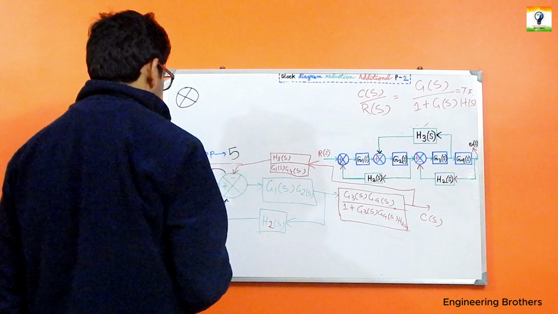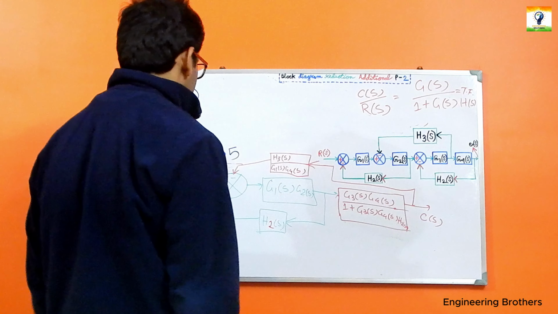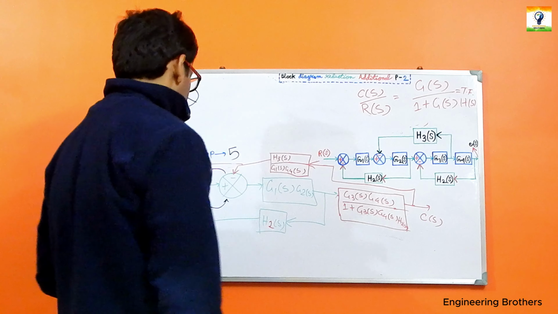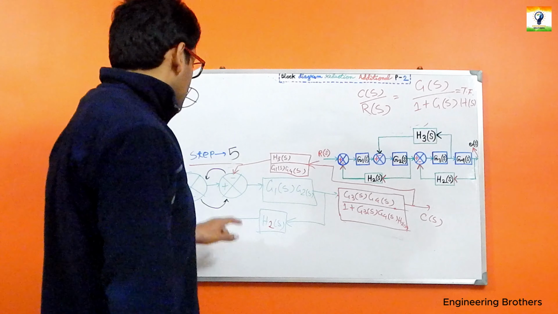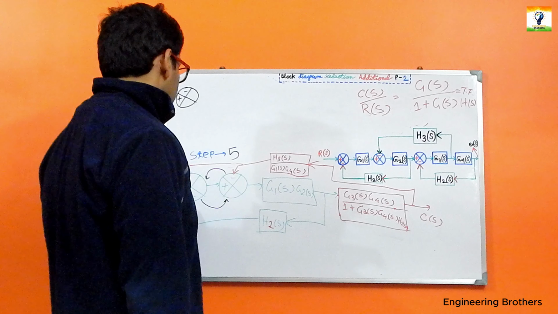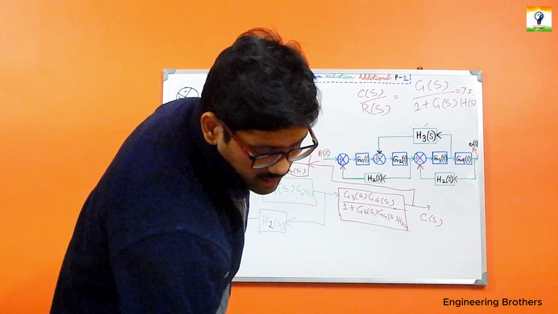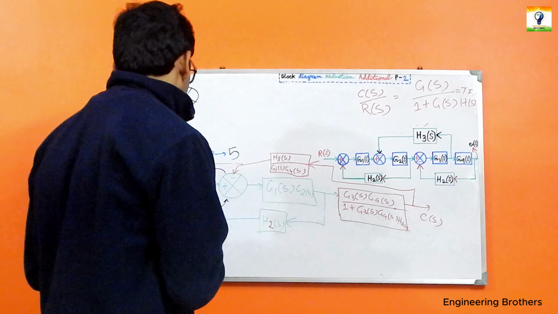This one is our plus, this is minus, as we have shifted the summing point over here. Now this one will be shifted to the left-hand side for our block, this one will be shifted to the right-hand side for our considered part over here, and ultimately the block diagram will look like this one.